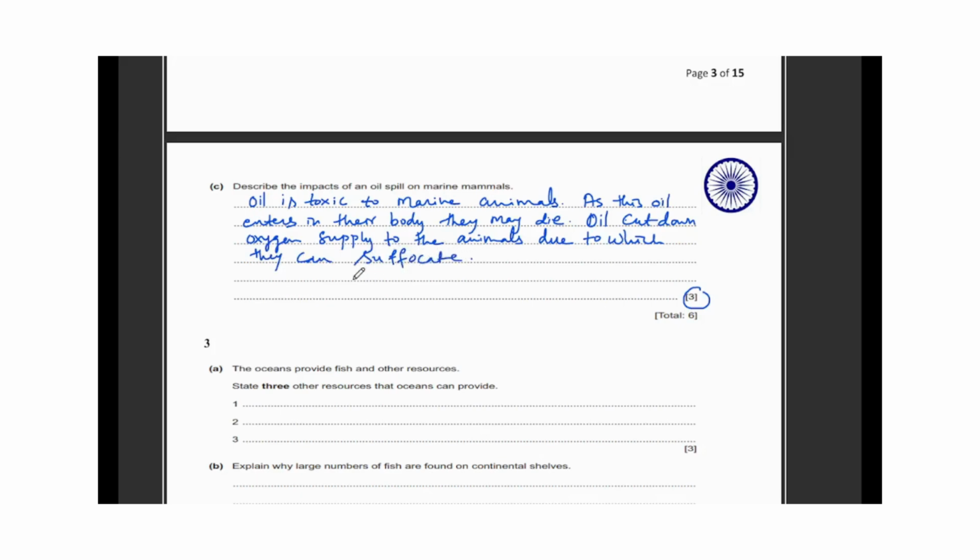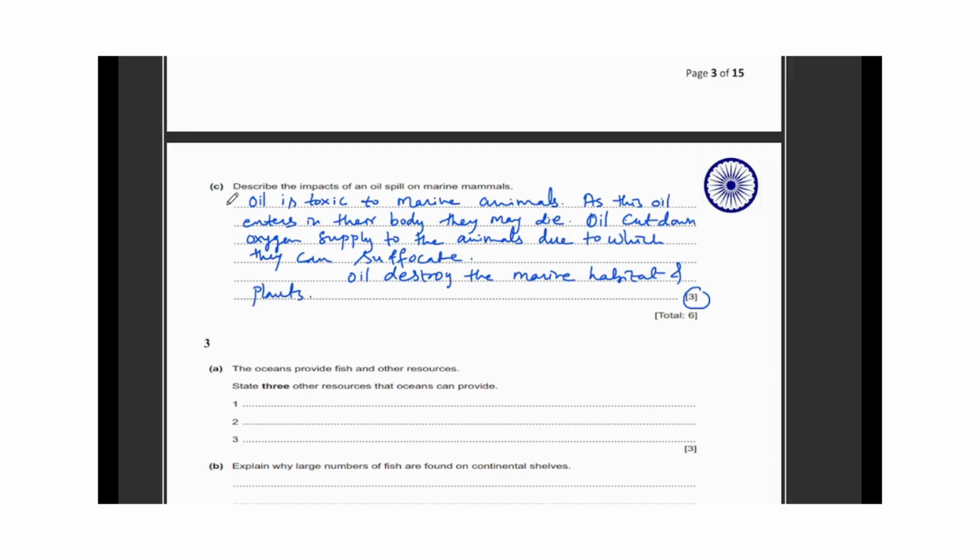The last one, oil destroys the marine habitat and aquatic plants.